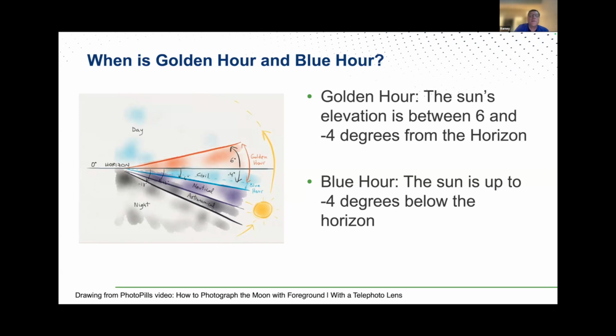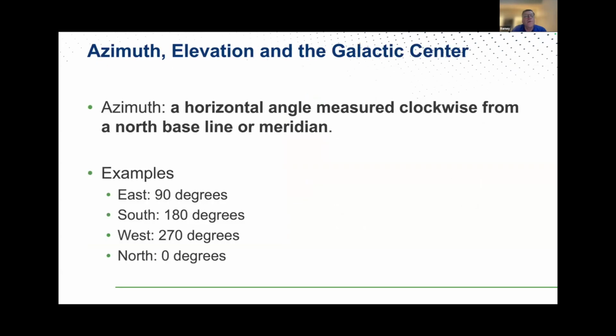And then the blue hour is when we're below that horizon. Of course, we're getting that nice reflection of the sunlight off of the sky. So keep that in mind. Negative 4 to 6 degrees is when you're working around the sun and the horizon. That's where you want to be.